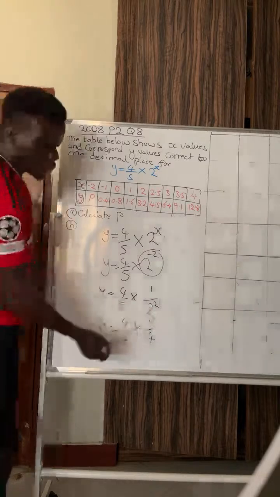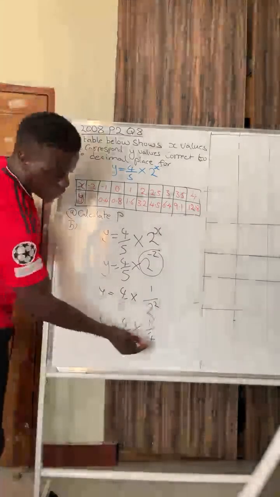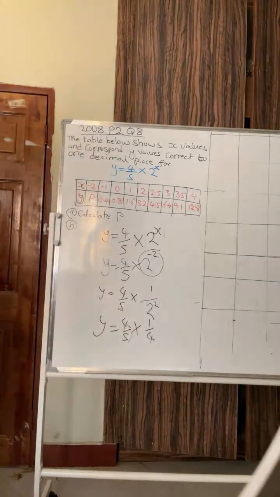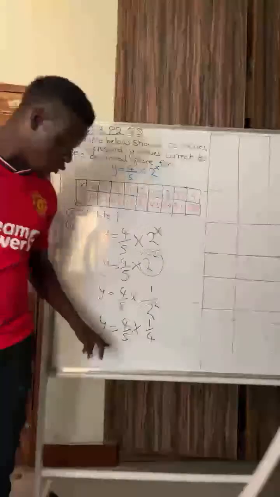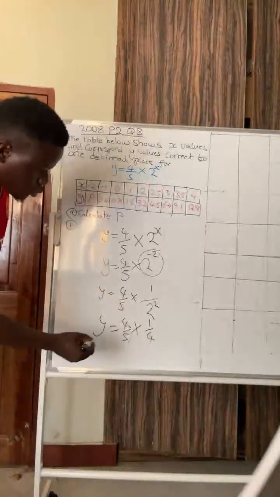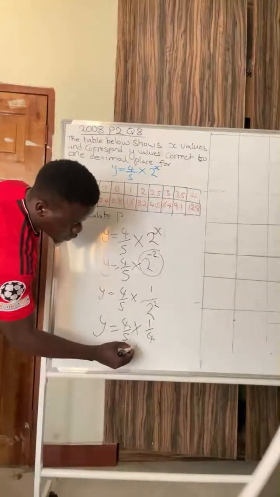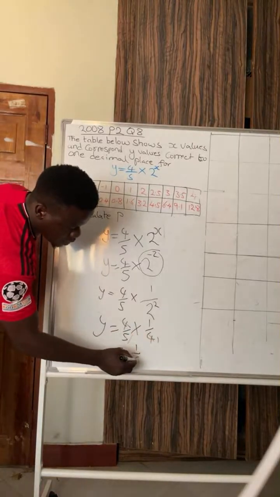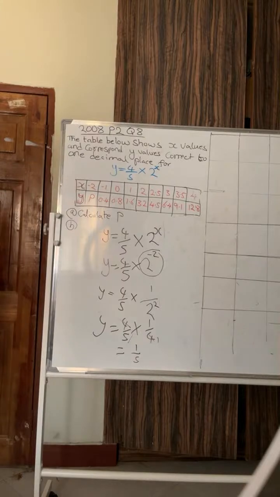The 4 cancels, so 1 times 1 is 1, and 5 times 1 is 5.